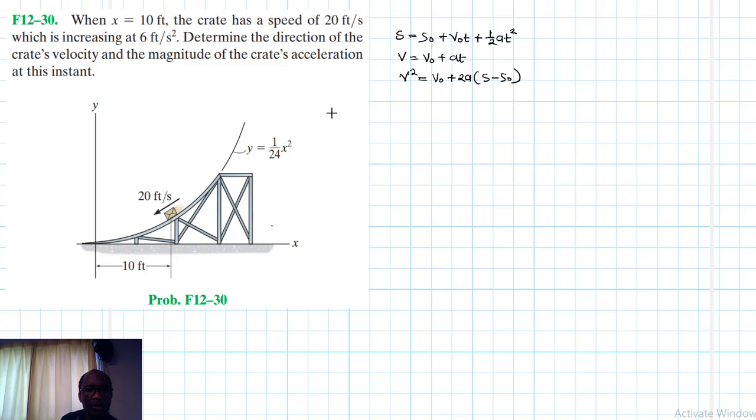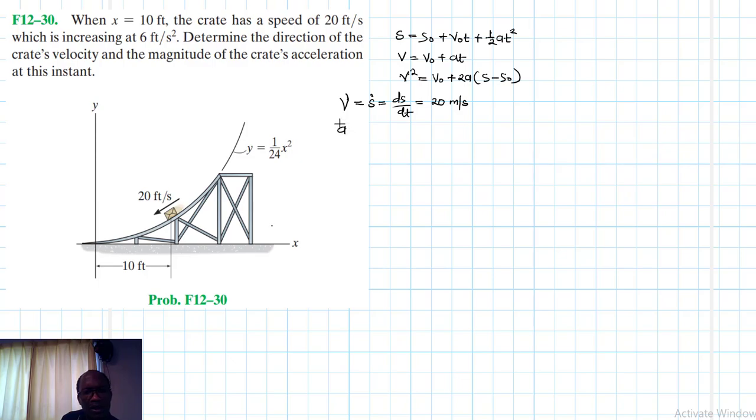First things first, let's work it out. We do have velocity, which is just s dot, equal to ds/dt. In our case, it has been given as 20 meters per second.